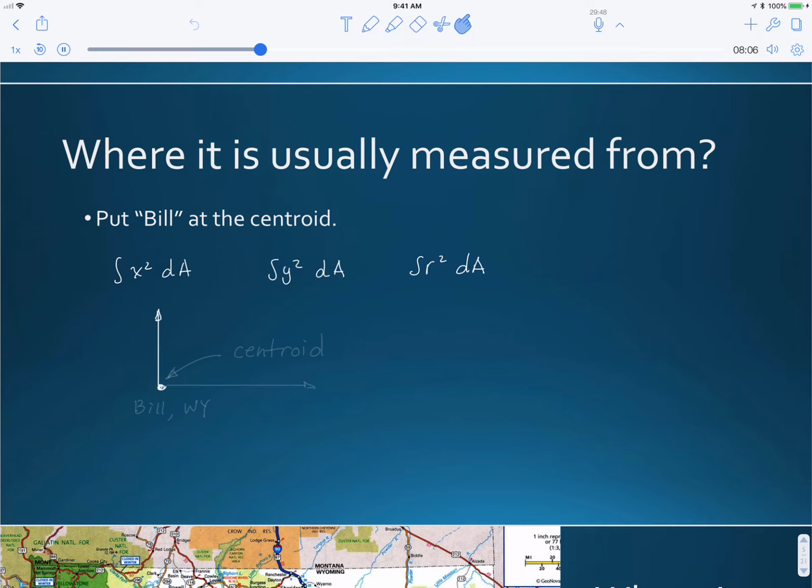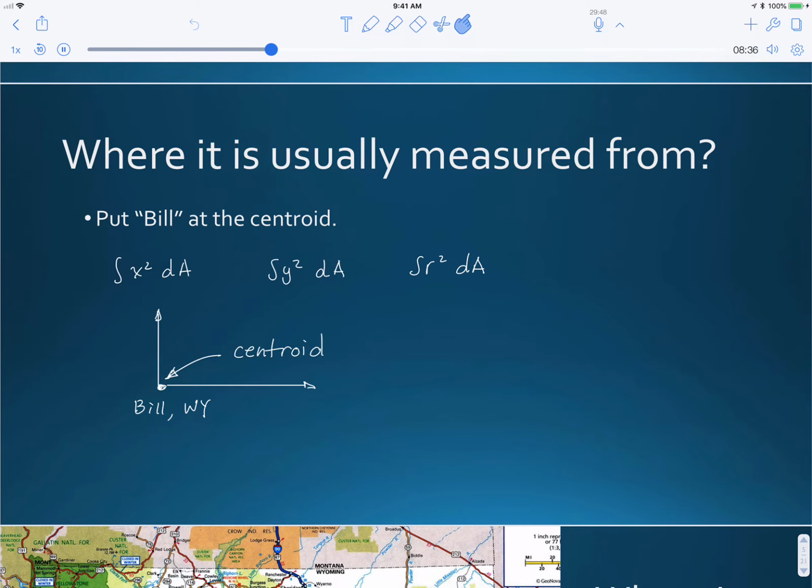And so you have to have a point that you're measuring everything from, and we've been calling this point Bill, Wyoming. Typically, you set the coordinate system at the centroid, which we learned in the Chapter 9 lectures how to do. So you do Chapter 9, you find the centroid, then you measure x squared, y squared, and r squared from the centroid. Put Bill, Wyoming at the centroid of your area.